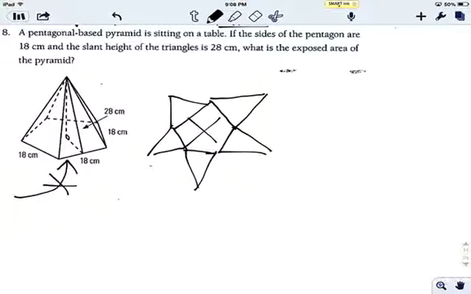Okay, it's not the greatest net diagram, but based on this diagram here, we can see that all of those triangles have a base of 18.